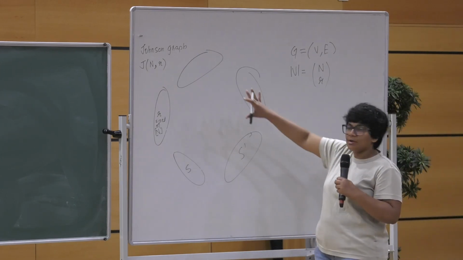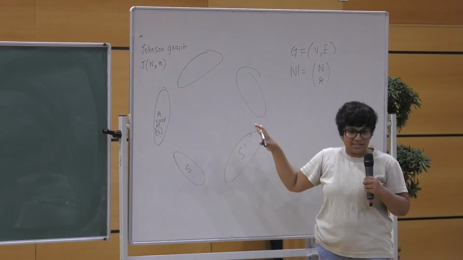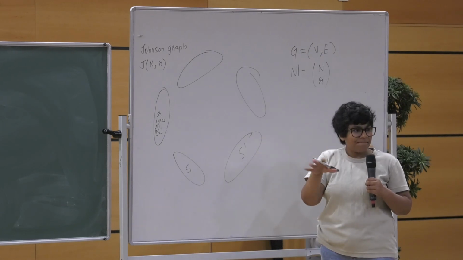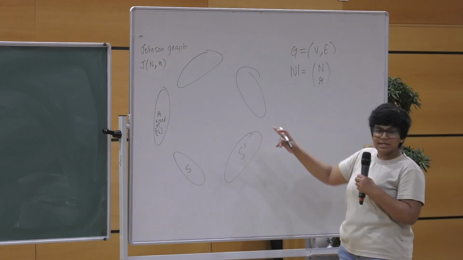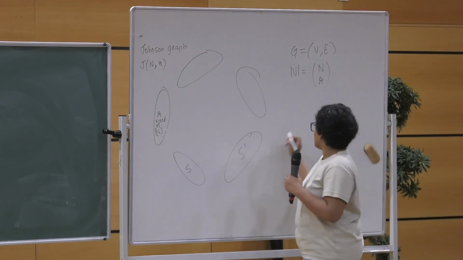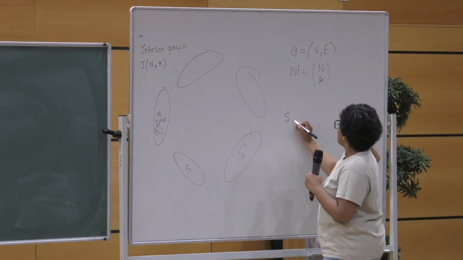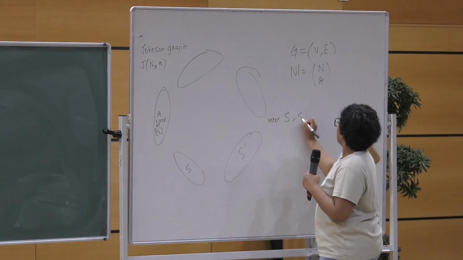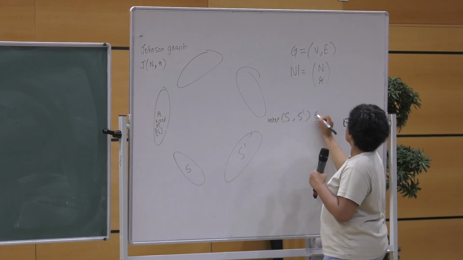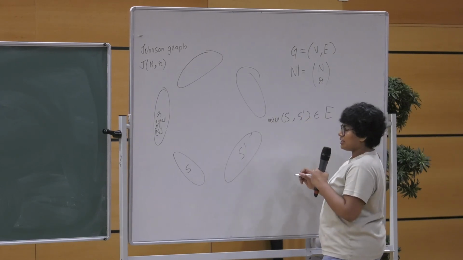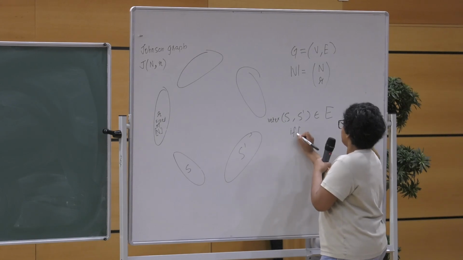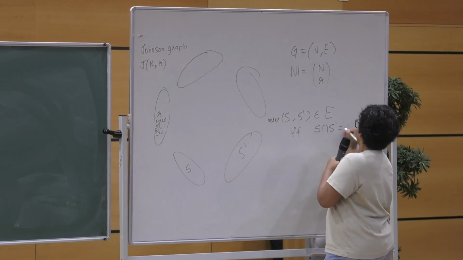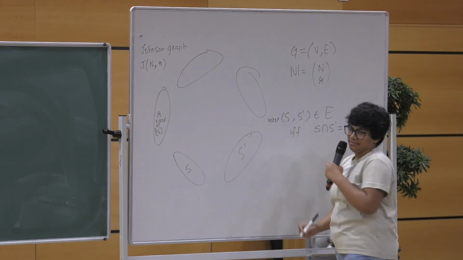Now I have described the vertex set to you. Now I'm going to give you some edges. The way I'm going to connect any two vertices: the vertices labeled by S and S dash belong to this edge set E in this Johnson graph if and only if S intersection S dash is equal to R minus 1.